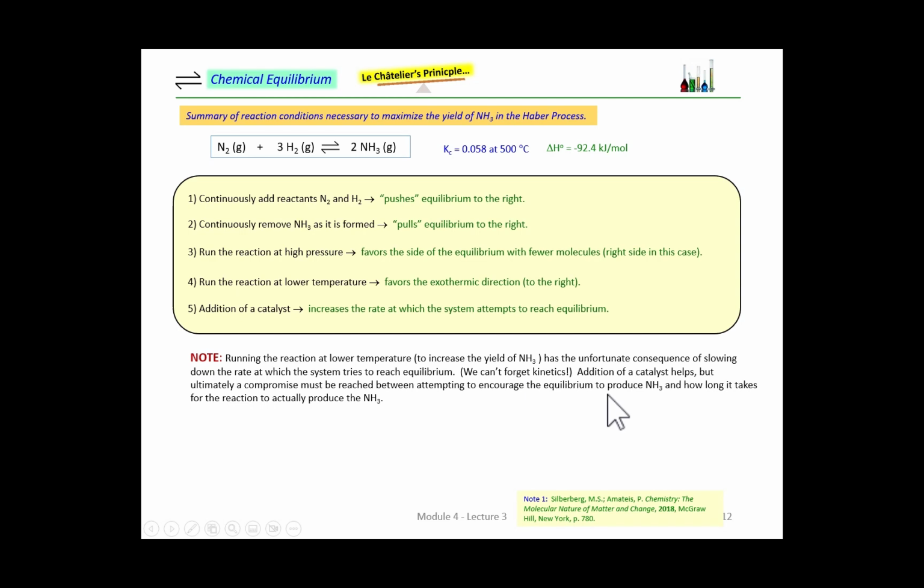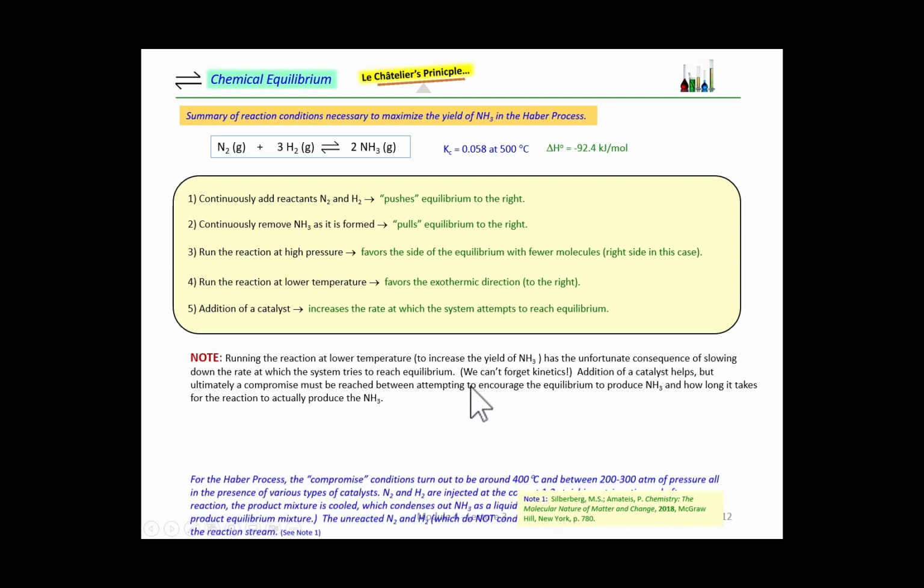Just to reemphasize, running the reaction at lower temperature has the consequence of slowing down the rate at which the system reaches equilibrium. We can add a catalyst, that helps, but ultimately we have to reach some compromise here in the conditions between temperature, addition or subtraction of reactants and products, and so forth.